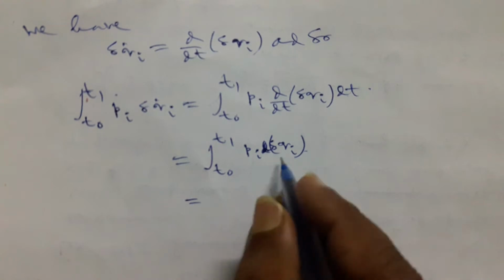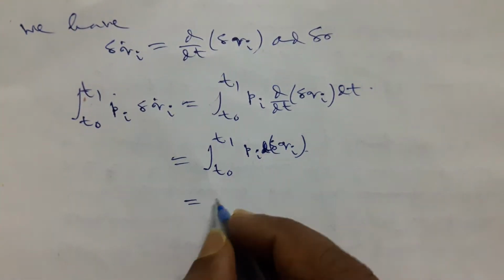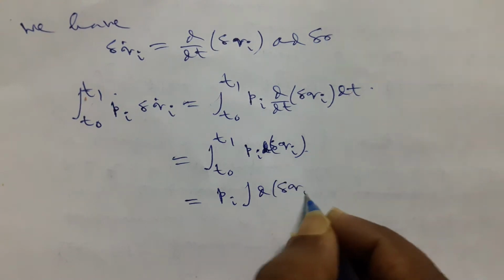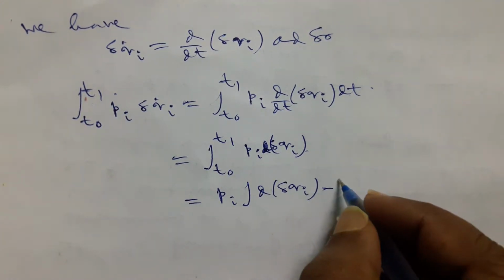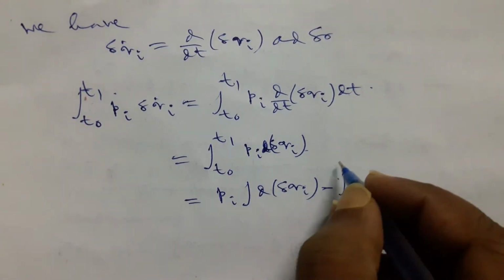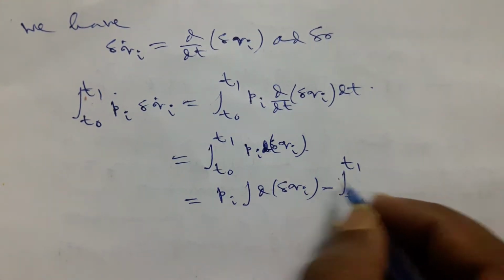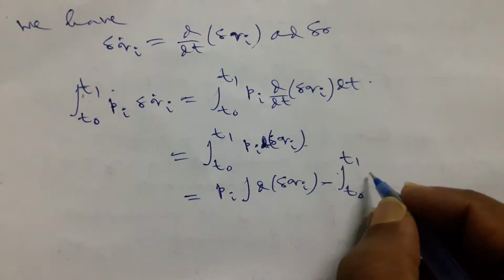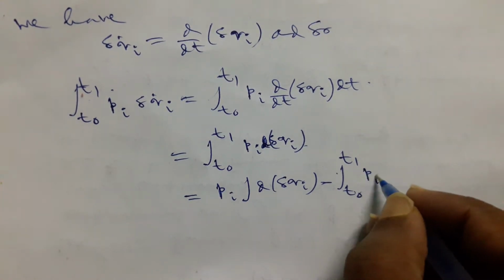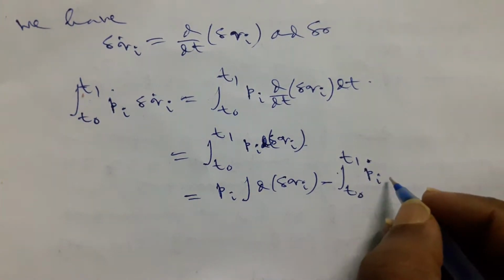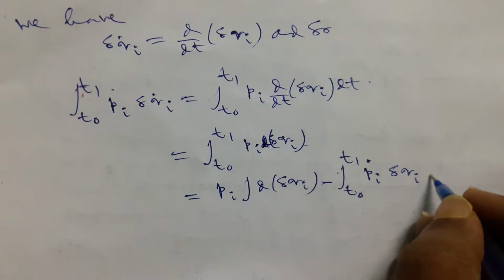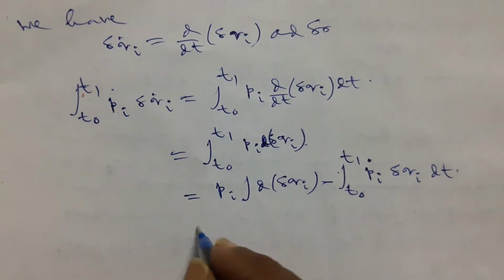Now here, by taking integration by parts, first function times the integral of the second, that is pi times the integral of d of del qi, minus the integral of the derivative of the first, that is d/dt of pi, that is pi dot, and the integral of del qi, that is del qi dt.